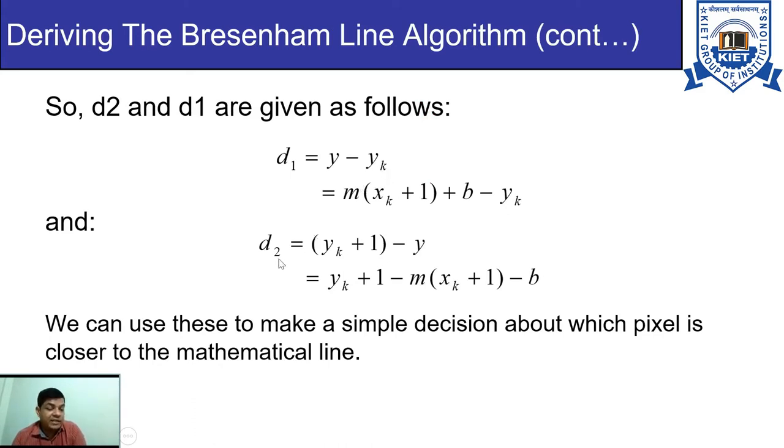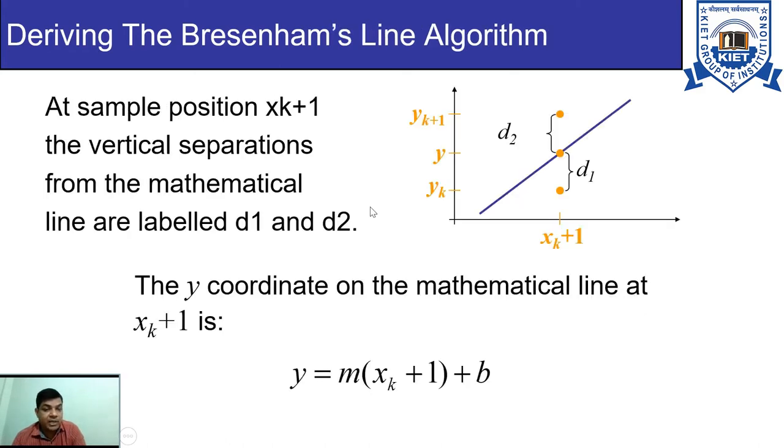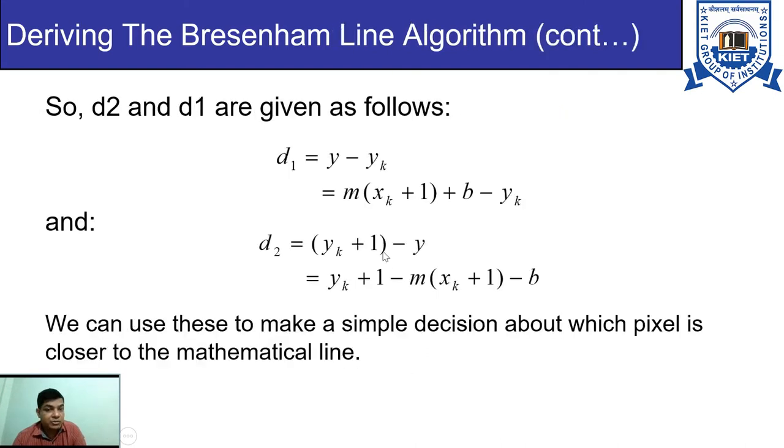The distance d2 is between yk plus 1 and y. Again, from the previous formula, we substitute the value of y as m times (xk plus 1) plus b, with x as xk plus 1.